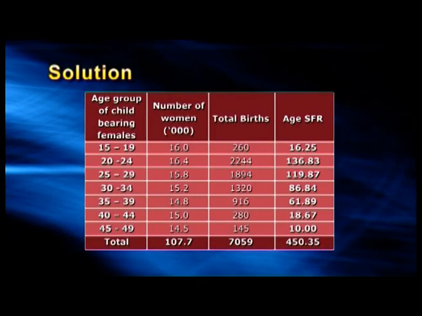Next, we will calculate the age-specific fertility rate. The age-specific fertility rate is equal to the number of births in each group divided by the total population in that specific group into 1000, which is equal to 16.25 for the first subgroup 15 to 19 and subsequently 136.83, 119.87, 86.84, 61.89, 18.67, 10, and the summation is 450.35.